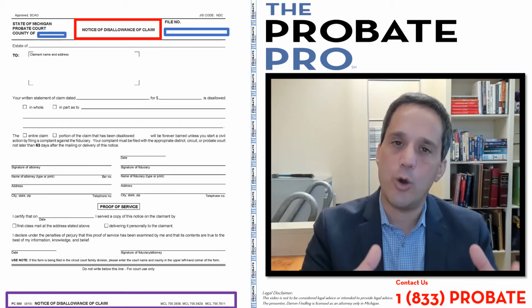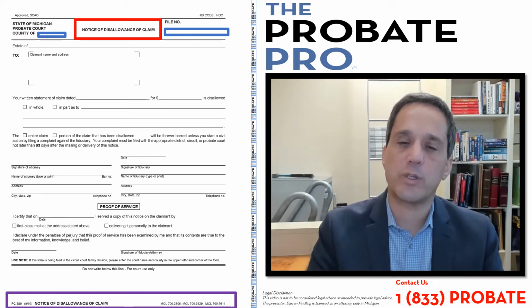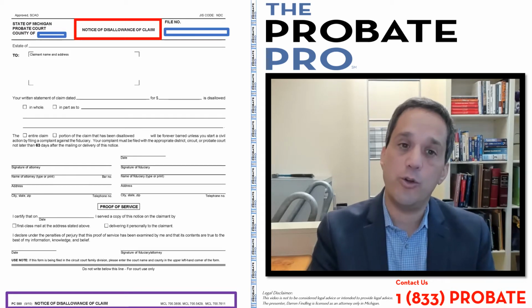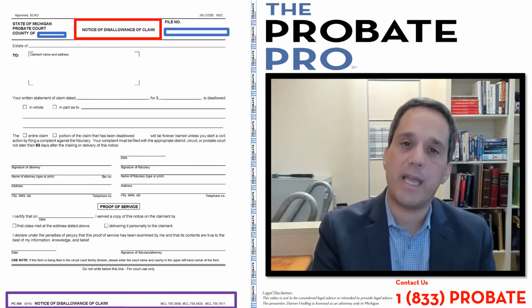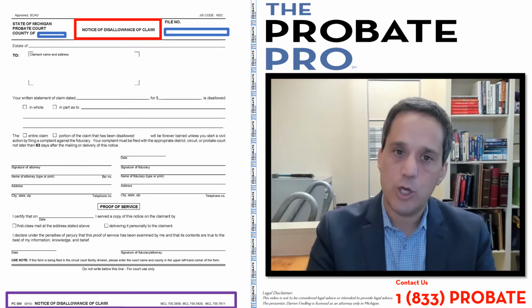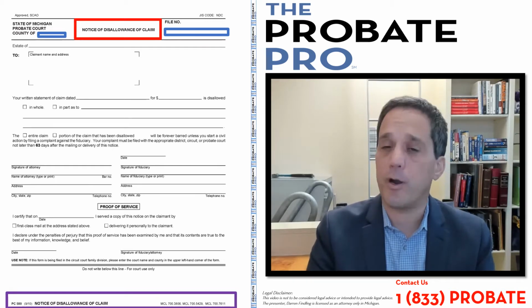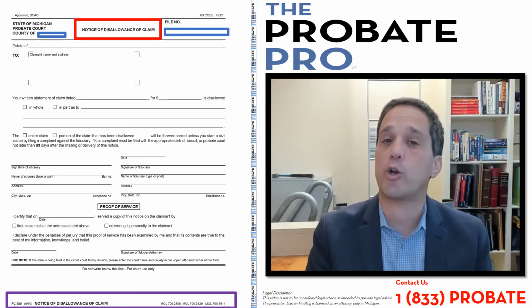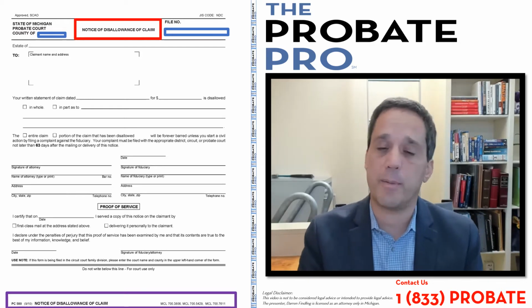But once that noticing goes out, creditors will start identifying that you or the estate may be obligated as a creditor, meaning the estate or personal representative or conservator owes money to another party. That party could be an individual, it could be a medical provider, it could be a credit card company, it could be anyone.